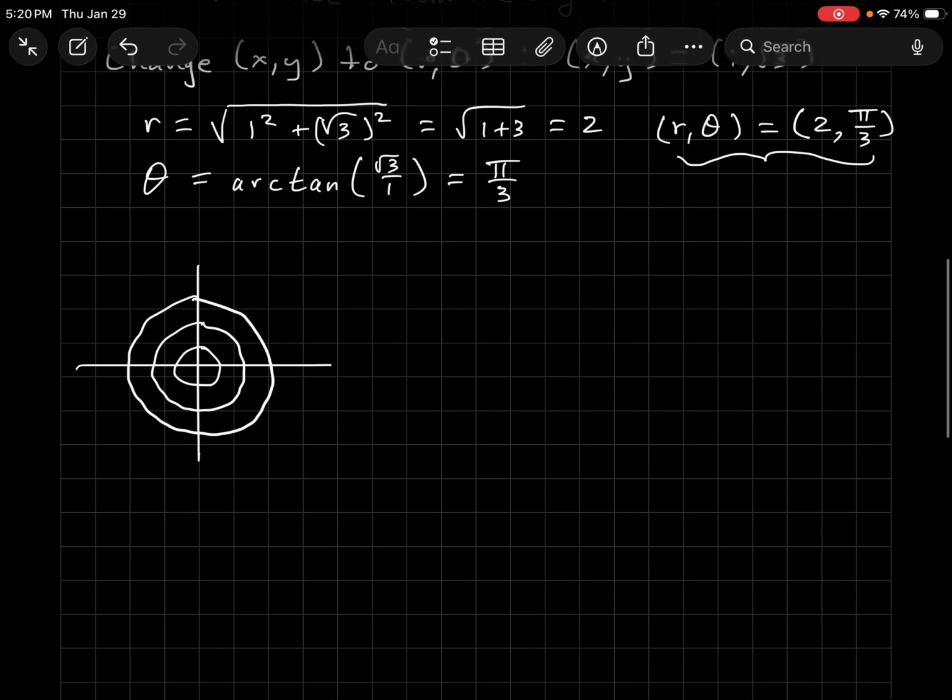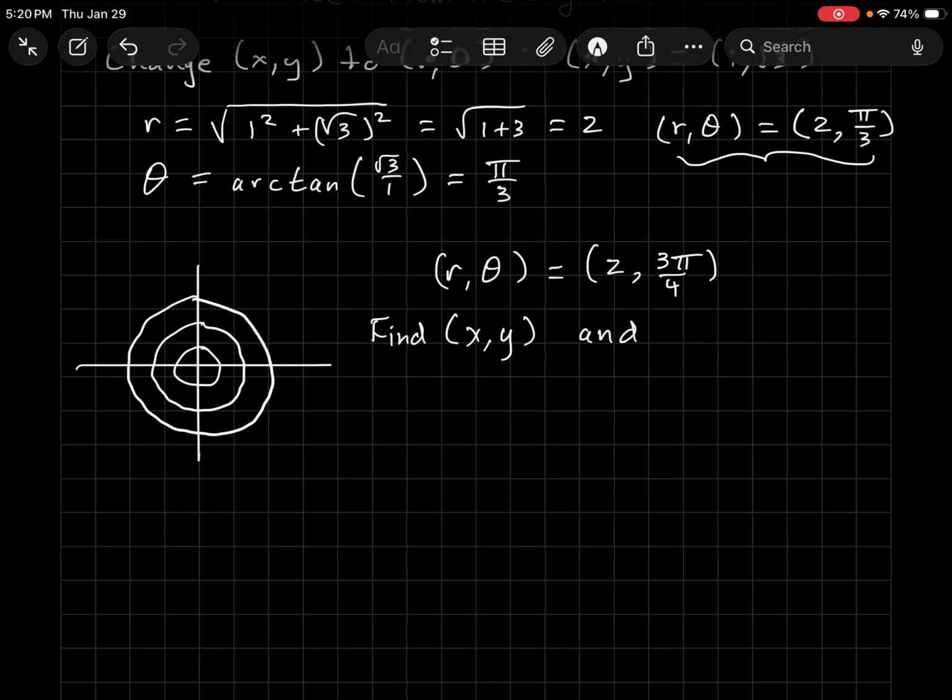Well, let's change from polar form. Let's say I have r theta equals 2 comma 3 pi over 4. And I want to change to xy and plot the point. So find the point xy and also plot the point. I'm going to start by plotting the point.